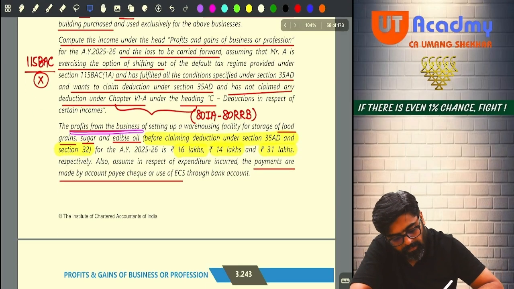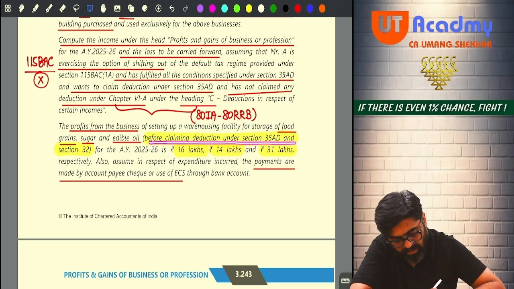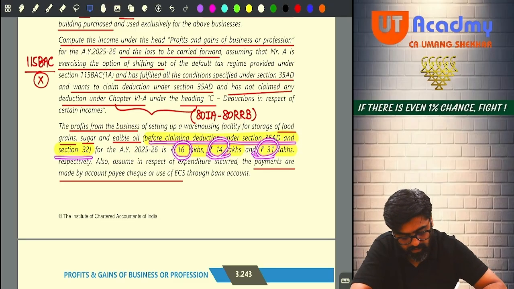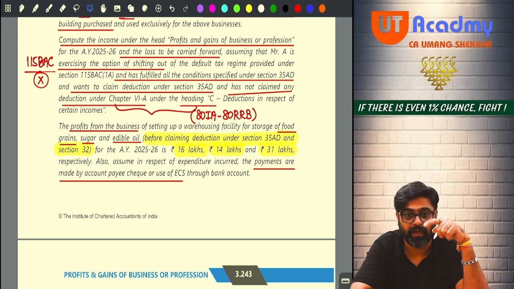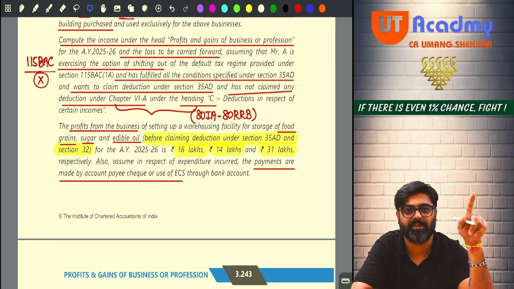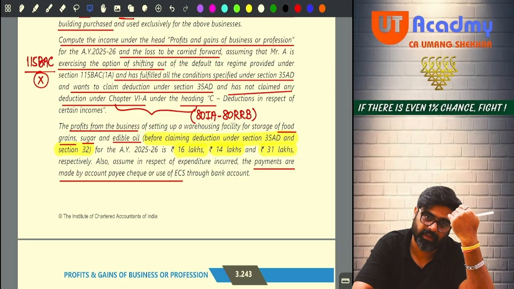Now profits from the business, three businesses are given. Profits are before claiming deduction for 35AD and depreciation under section 32: 16, 14 and 31. And all the payments are made by account payee cheque. Now you understood why this information is given? If they had told you that all the above costs are made by way of cash, then all the costs are ignored.